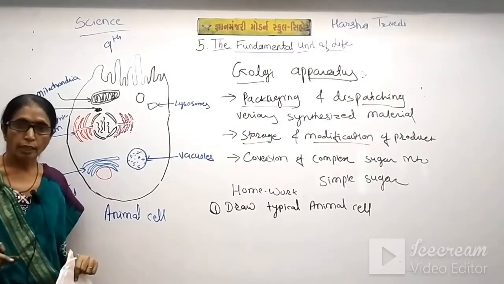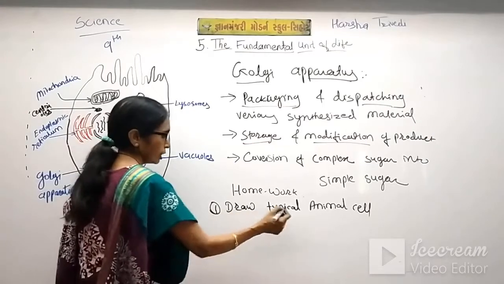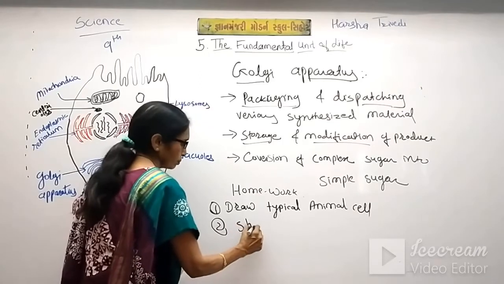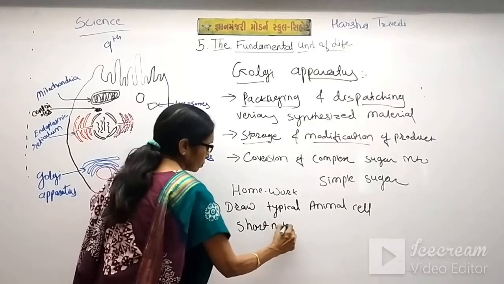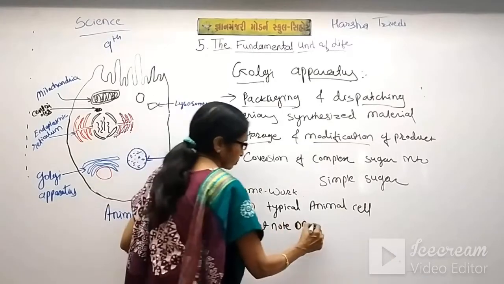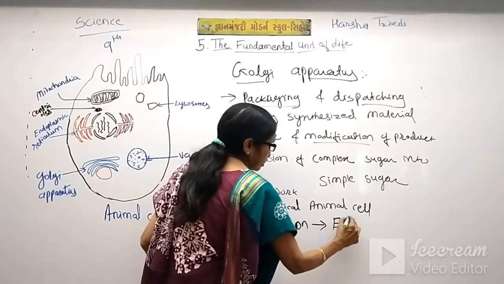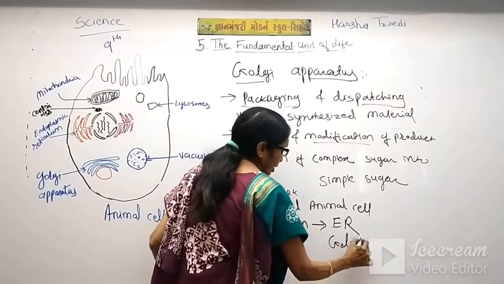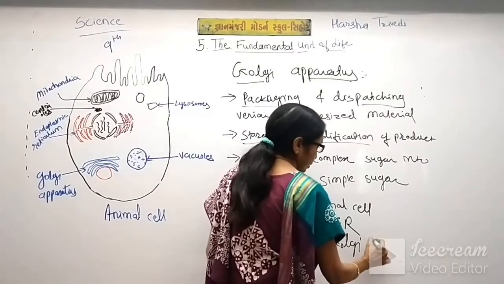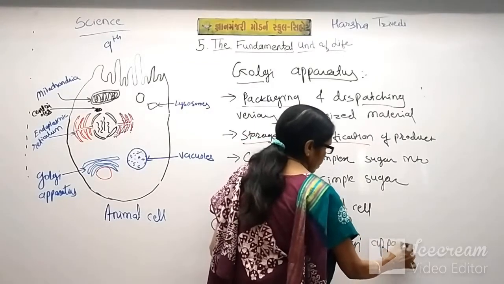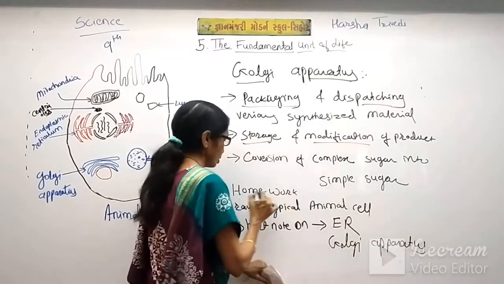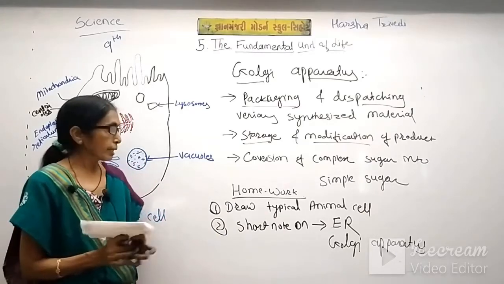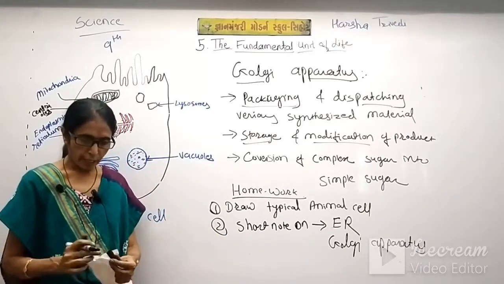This thick cell wall is there. This is the difference. So here we have to draw the typical animal cell and also a short note on ER, means endoplasmic reticulum, and Golgi bodies, also we can say apparatus. So this is for homework today. Okay, students, make practice of drawing this figure.